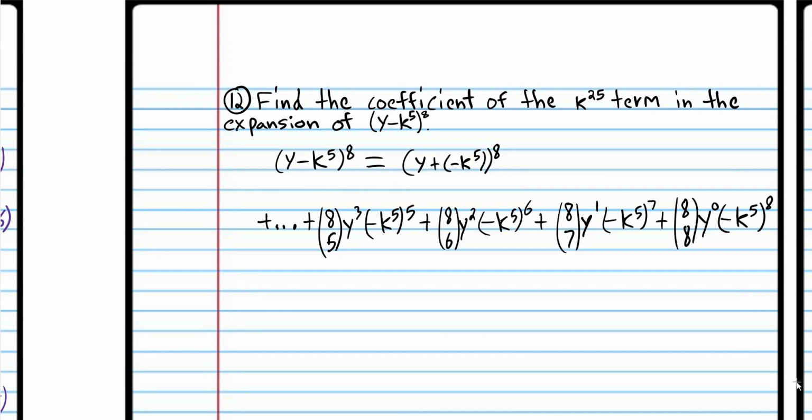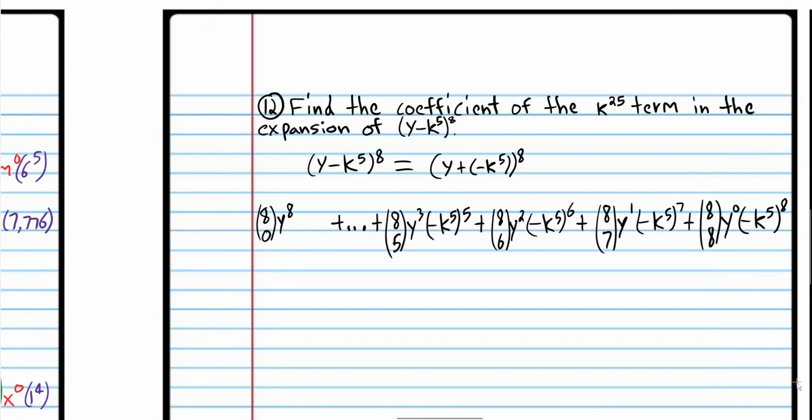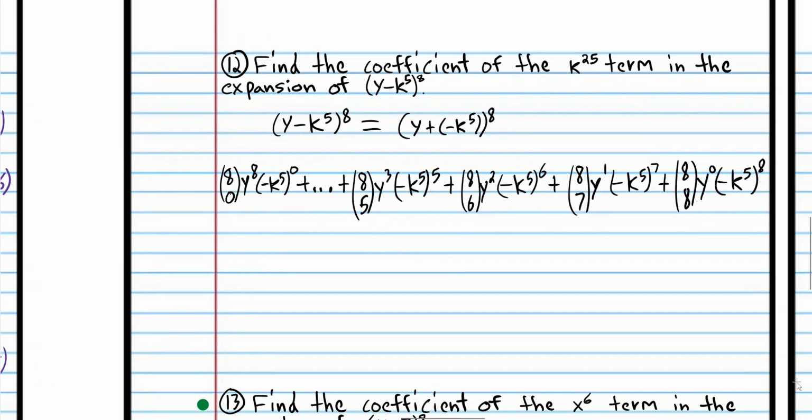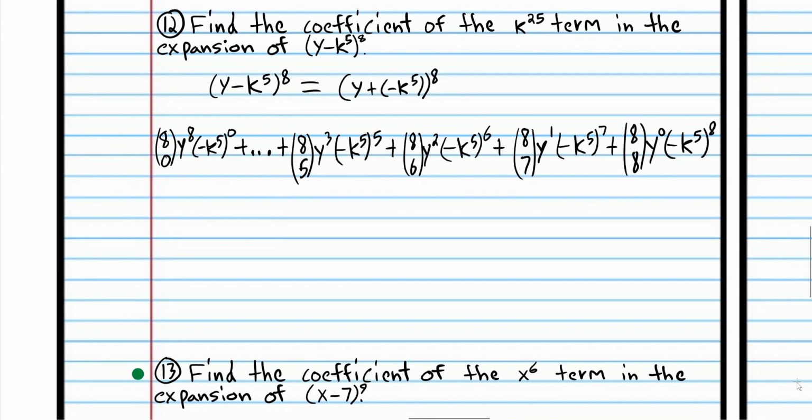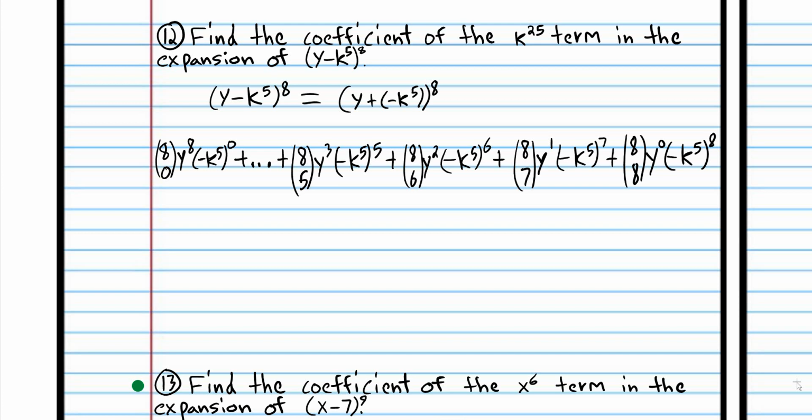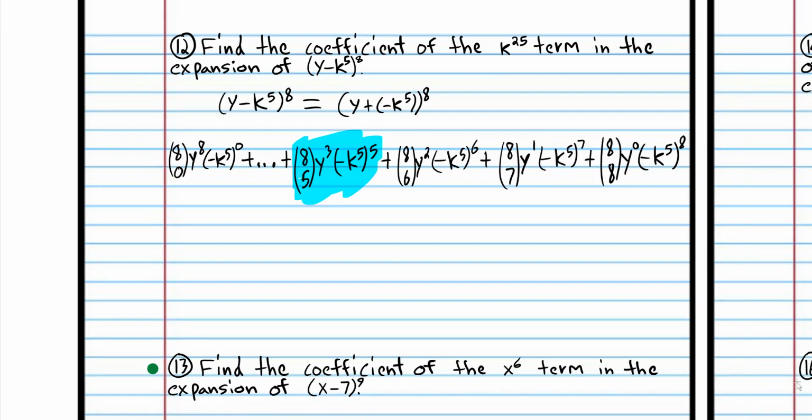So we're going to have 8 choose 0, and then y to the 8th, and then negative k to the 5th raised to the 0. So we're just writing that so the expression is accurate. And like we said, we're interested in this term here because we're going to get k to the 25th. And let's double check all this stuff. Everything seems to be correct.